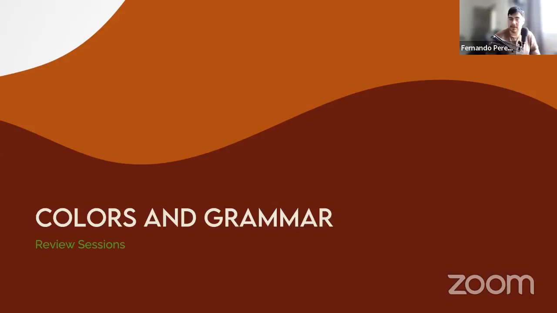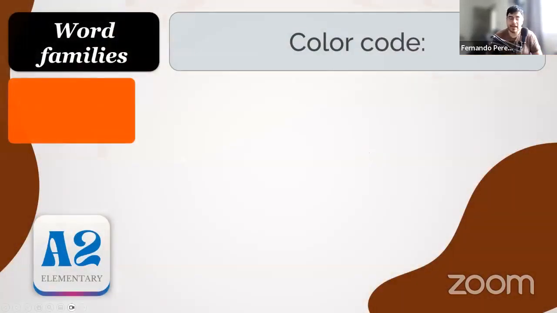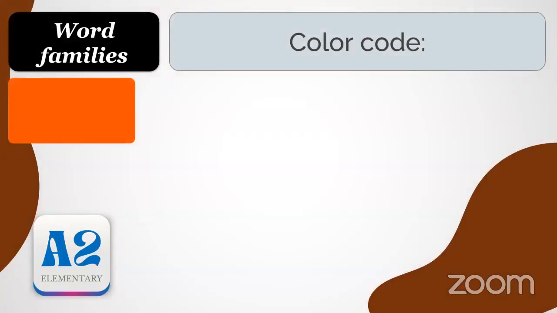Yesterday we talked about vocabulary and different colors, right? We talked about your glossary, remember? In your glossary and in previous classes, we talked about the corresponding color for corresponding word families.